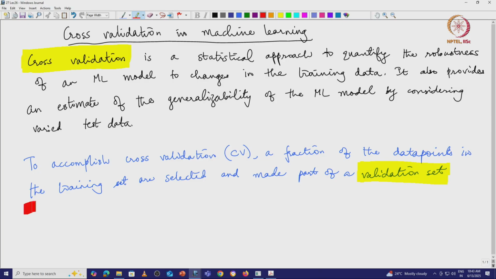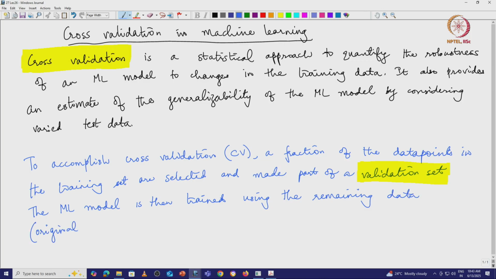which is in fact derived as a subset of the training set. The ML model is then trained using the remaining data, and by remaining data I mean the original train set minus the chosen validation set. Okay.